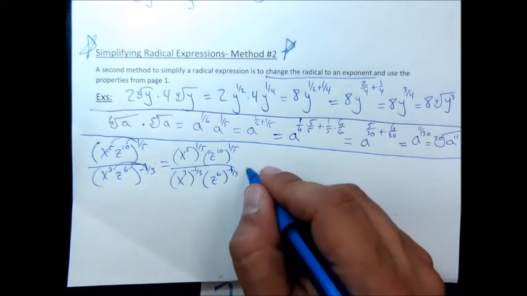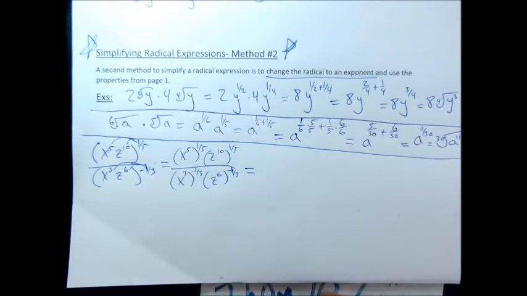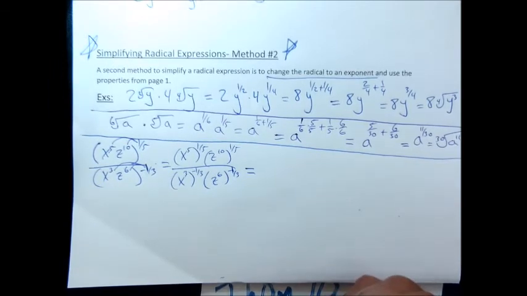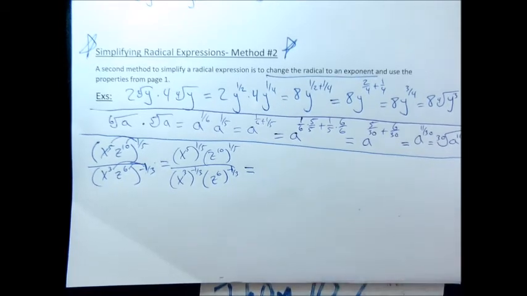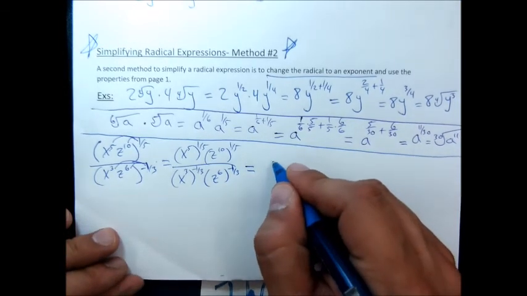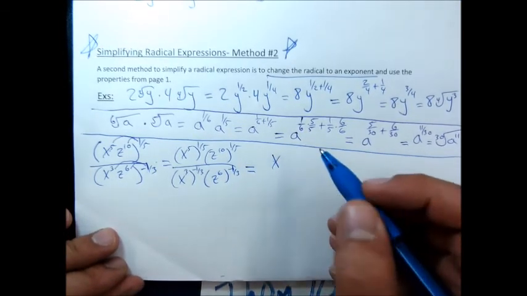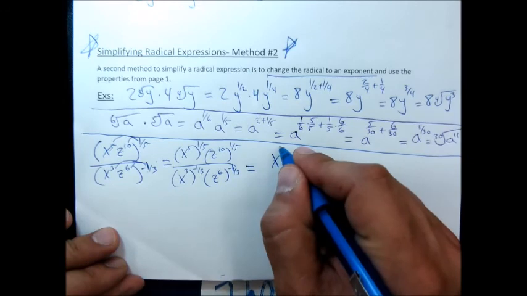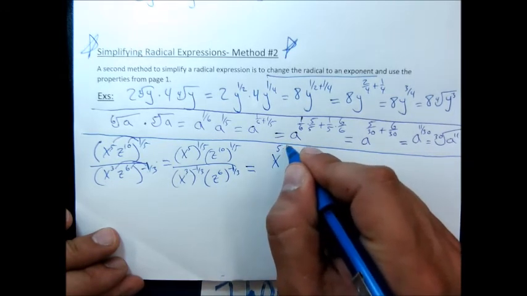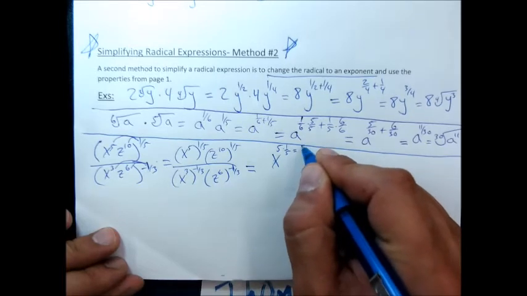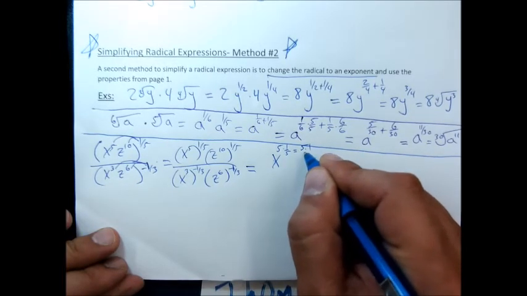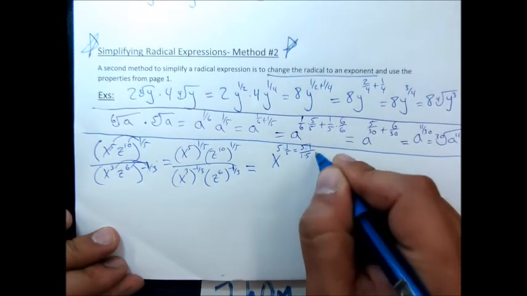And what do we do when we have powers raised to powers? We multiply them. Good. So do you guys remember how to multiply fractions? You multiply straight across. So I'm just going to do the first one: 5 times 1/5 equals 5 times 1 over 1 times 5, which is 5.